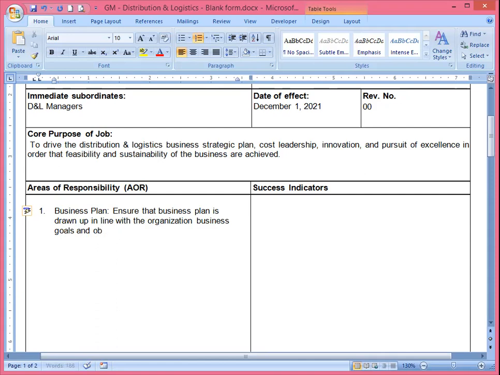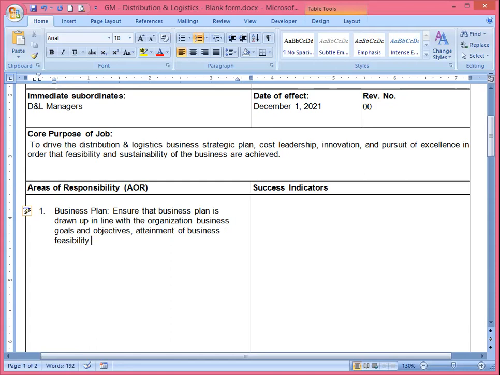Objectives. Attainment of business feasibility. And in accordance, let me read it again.